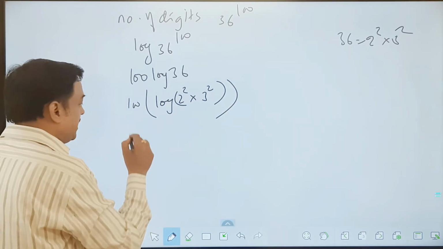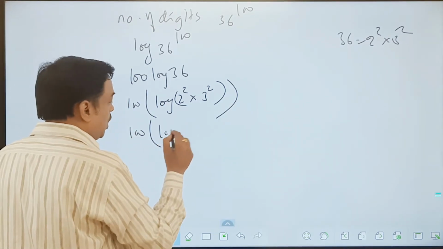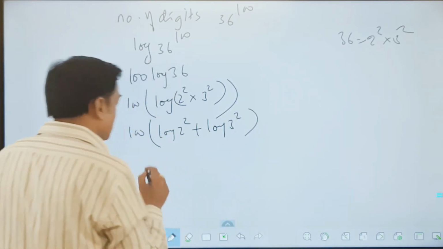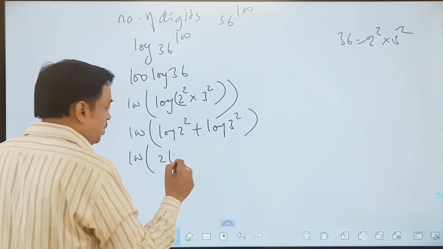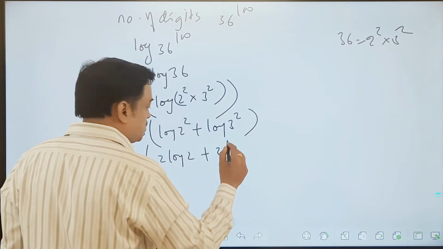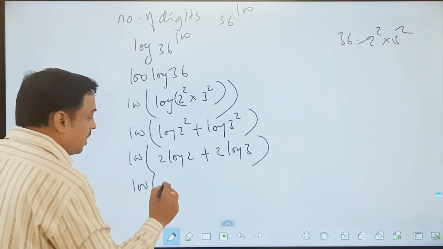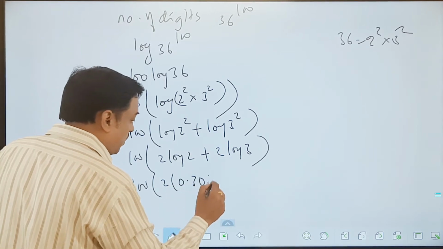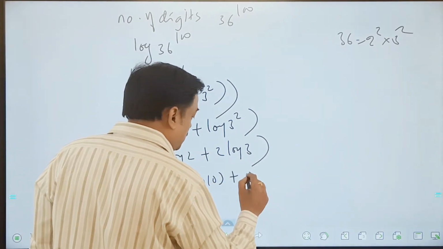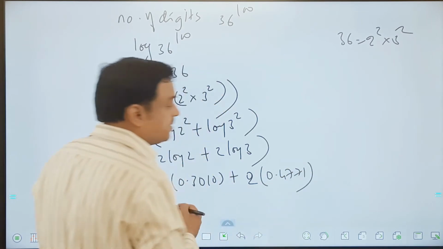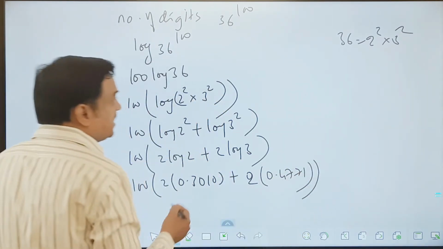Fair enough? And then 100 into log 2 square plus log 3 square. And this is 100 into 2 log 2 plus 2 log 3 is what you get. And this is 100 into 2 into 0.3010 plus 2 into 0.4771 is what you get. Okay? So let's get the value here.